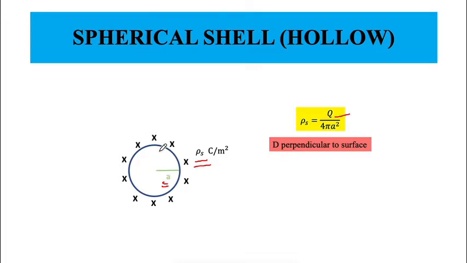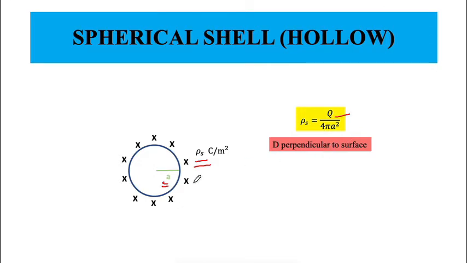It is not always possible, but if it is possible, you always choose a situation in which the D field is perpendicular to the surface. So what is the advantage of choosing a D field which is perpendicular to the surface?